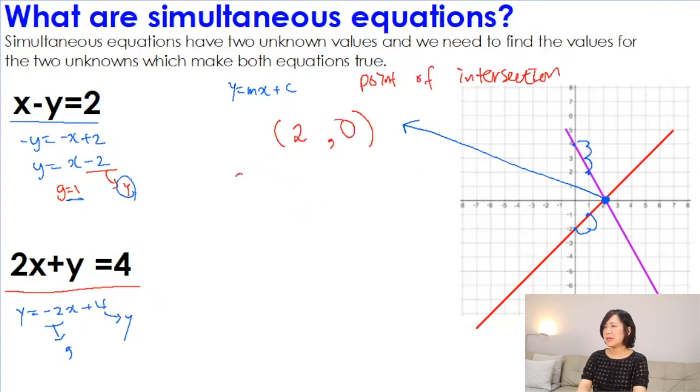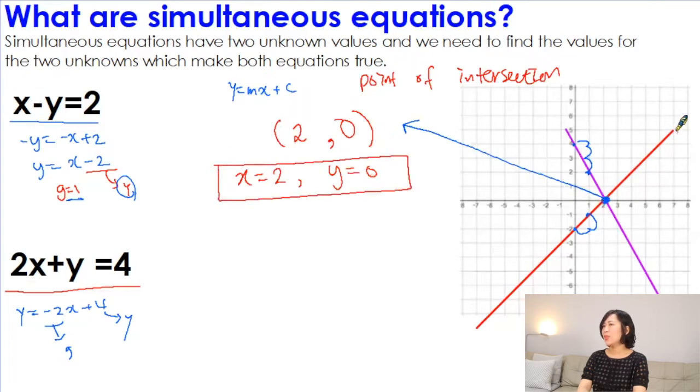That means x is 2, then y is 0. Look at the graph. This point is on the y equals x minus 2 graph, right? That means it's a solution for x minus y equals 2. Then this point is also on the 2x plus y equals 4 graph. That means this is a solution for both of these graphs.